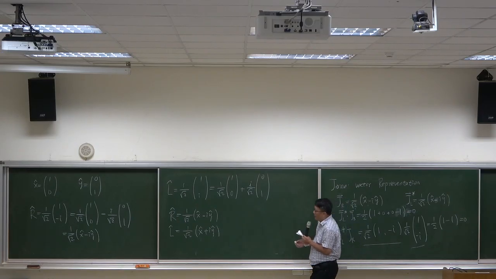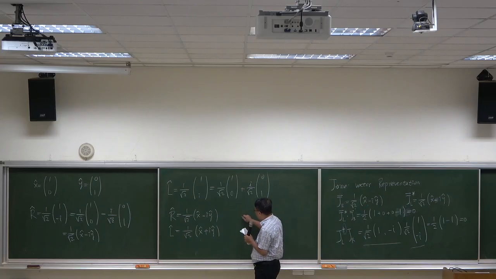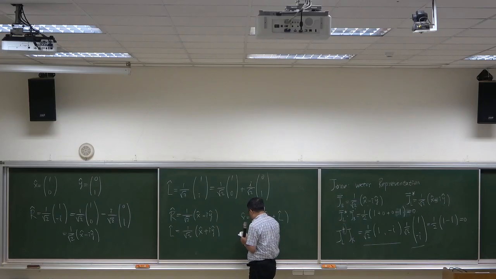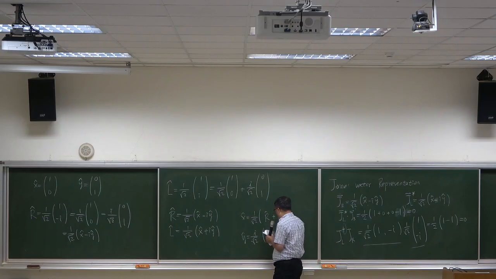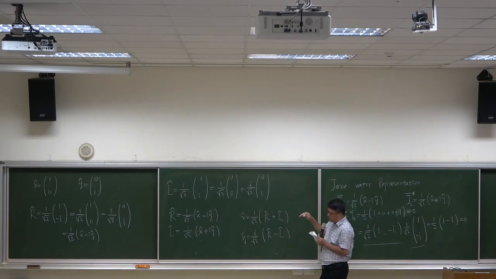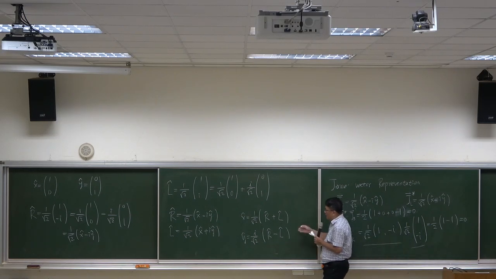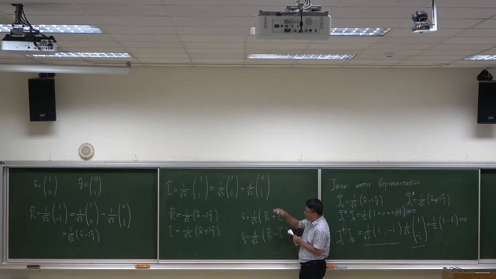Okay. However, you can also use right-hand circular polarization and left-hand circular polarization as the basis vectors, and their superposition gives us all kinds of polarization.